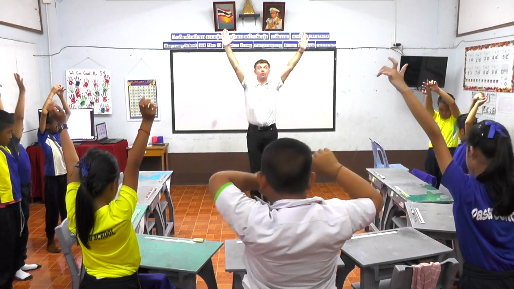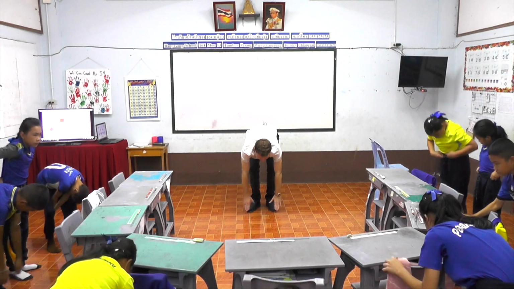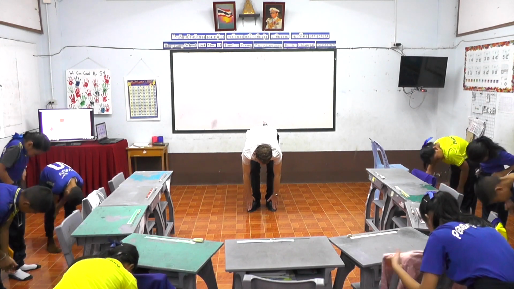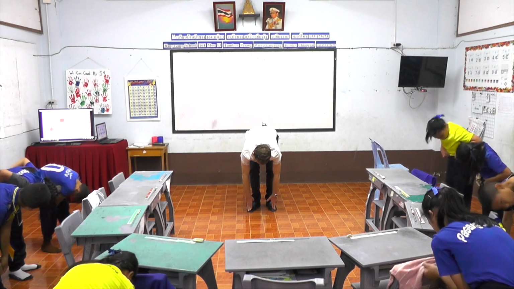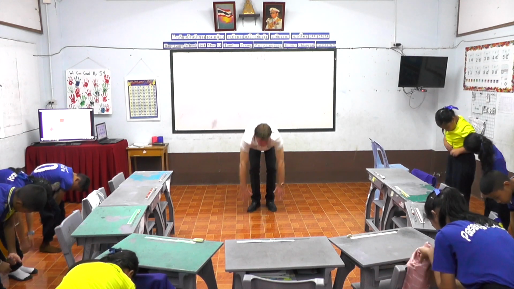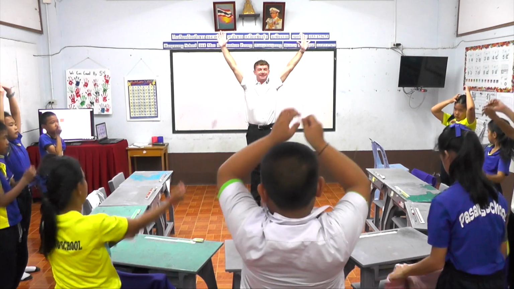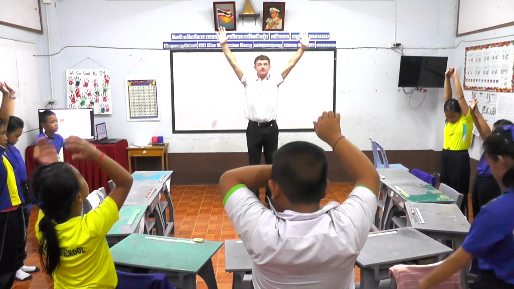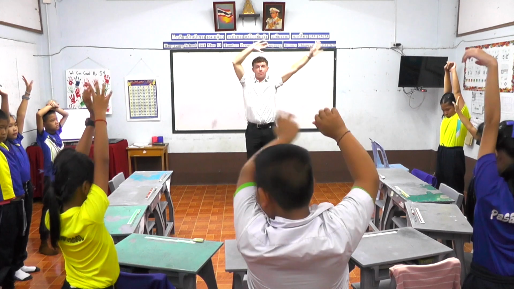And then we'll go down to touch our toes. Next, can we go back up high? This time, let's go tippy-toe high. And when we're there, we'll have a wave.